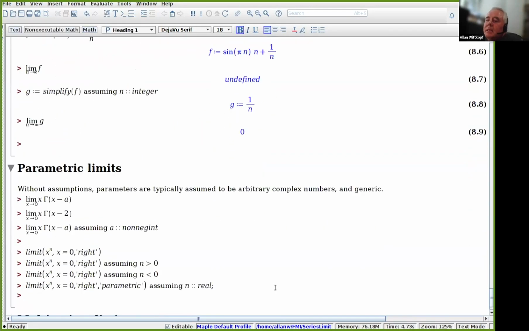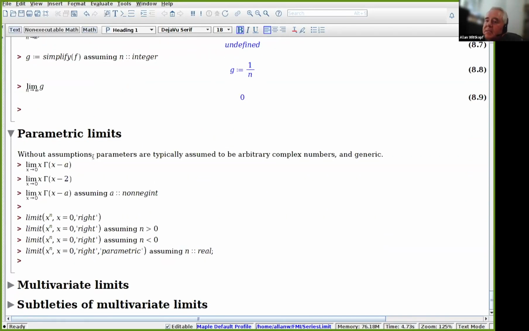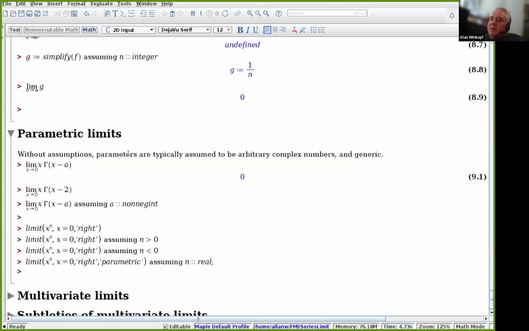Parametric limits. We can compute limits with parameters present. But when a parameter is present, it's assumed to be arbitrary and generic, or arbitrary complex value and generic. So if we compute the limit of x times gamma of x minus a as x goes to 0, we get 0.